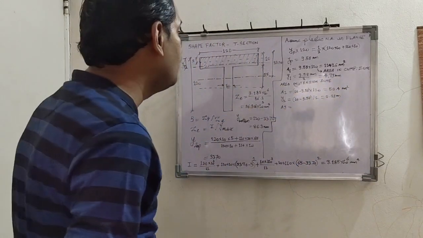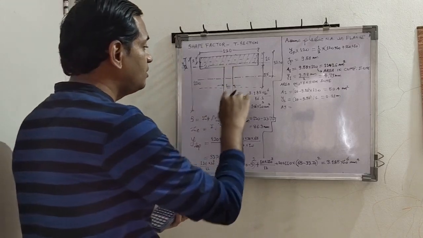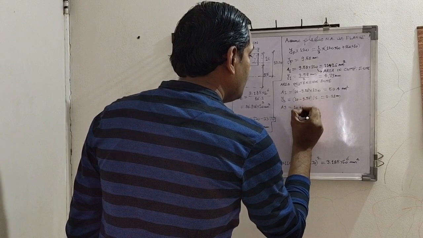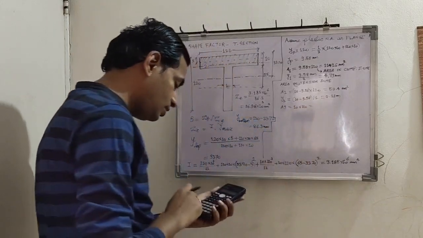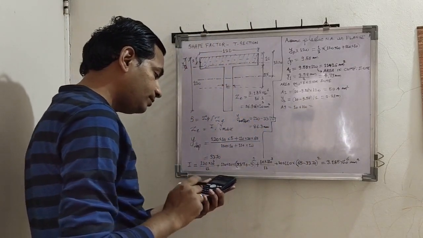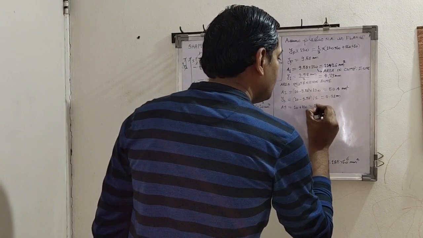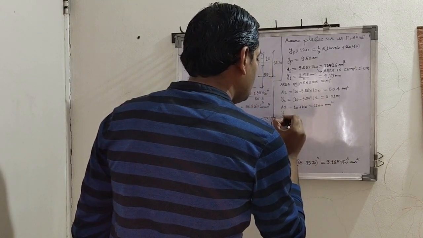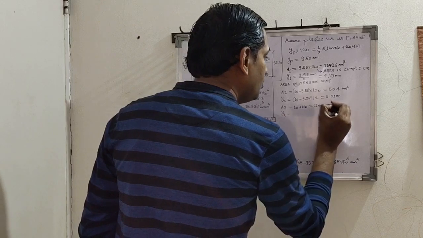And A3, there is one more area in the tension zone, below the plastic neutral axis. So A3 is this, 10 into 110, which is 1100. And what is Y3?